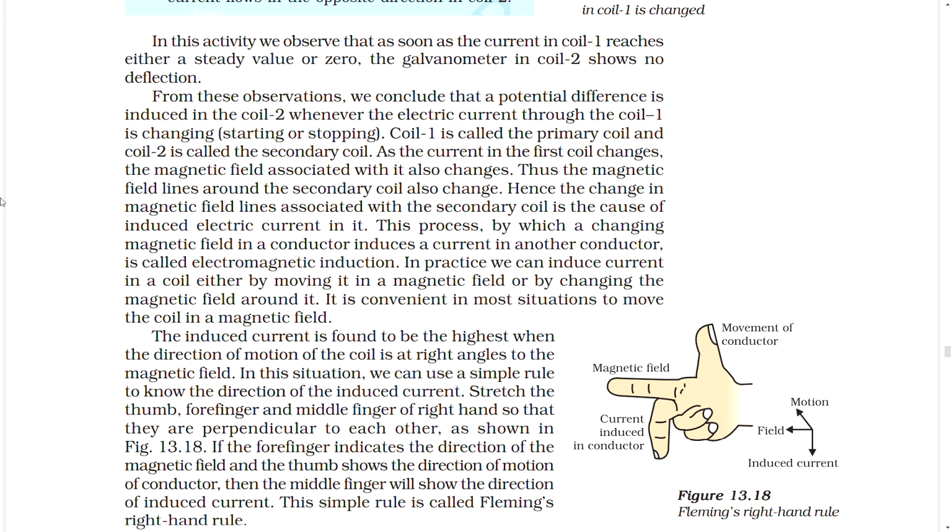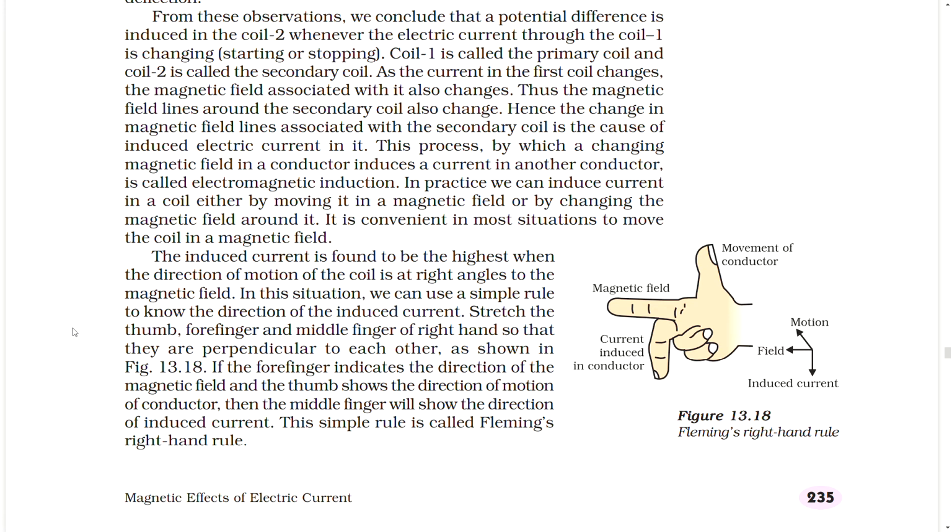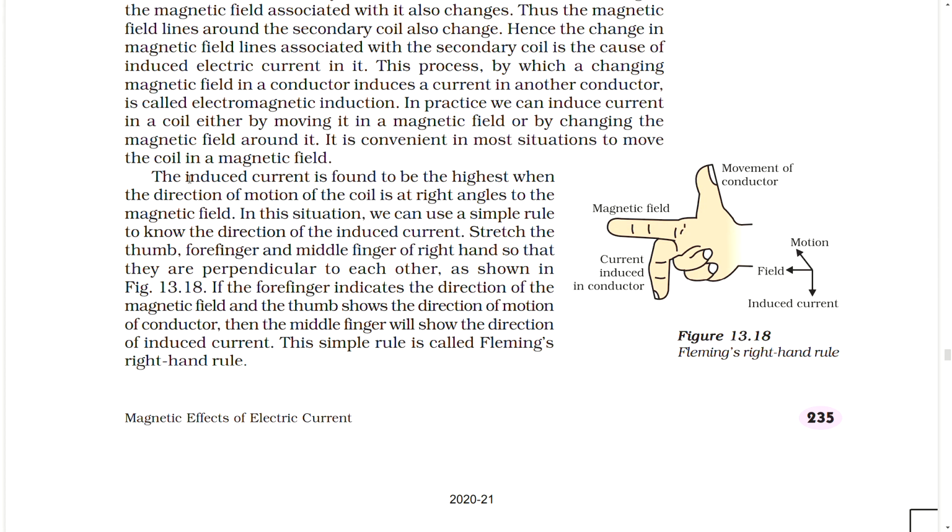It is convenient in most situations to move the coil in a magnetic field. The induced current is found to be the highest when the direction of motion of the coil is at right angles to the magnetic field.